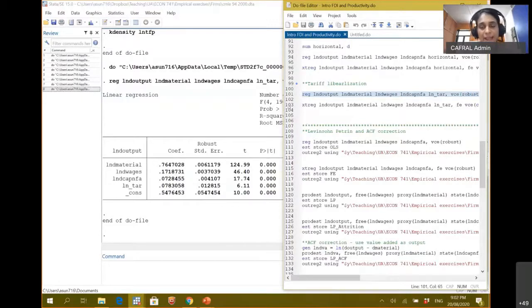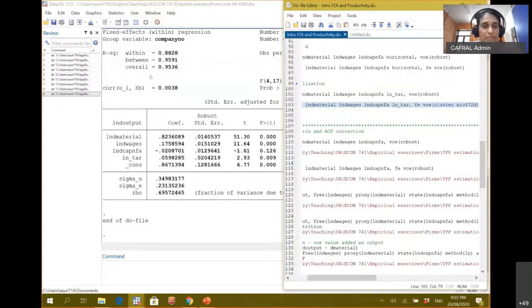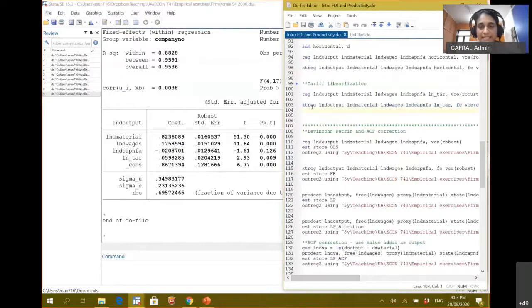Now, of course, I have panel data, so it makes sense for me to run a fixed effects regression, because I can control for a lot of firm-level unobservables by introducing a firm fixed effect. So I'm going to run a fixed effects model and see what that does to my results. I have run that using Stata's xtreg command with FE.